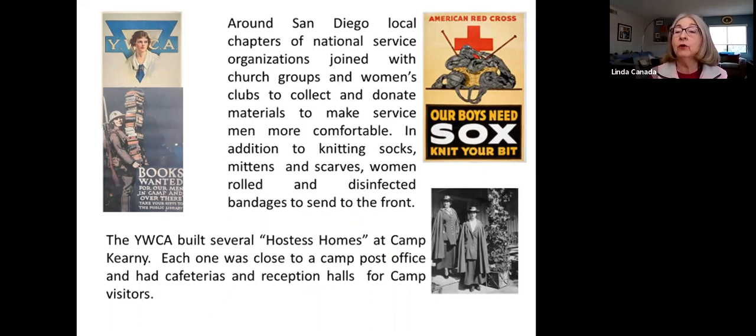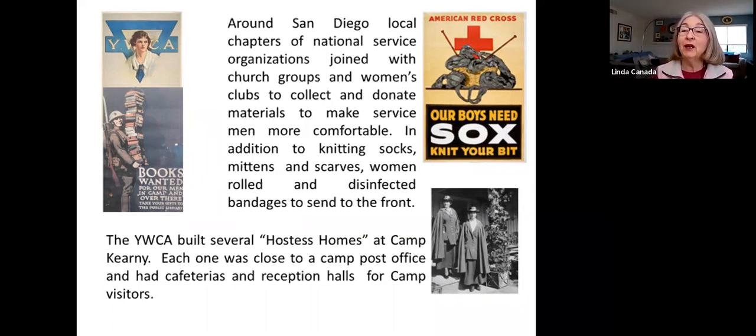The walls were covered with the huge flags of the member nations of the allies that the US was fighting with. There were members of the officer corps of French and English who were cooperating with the training of the troops at Camp Kearney. So they came and they were special guests, and a big deal was made of them.